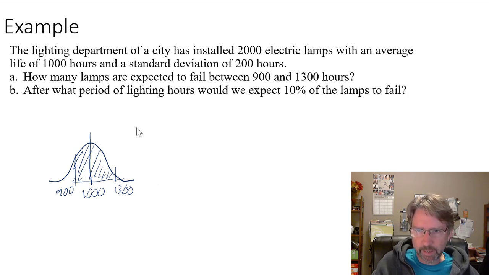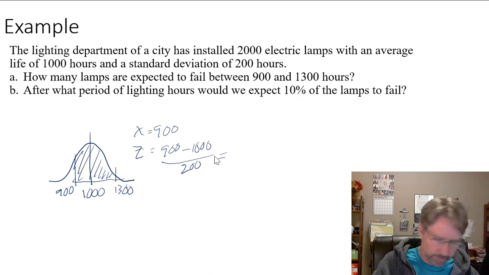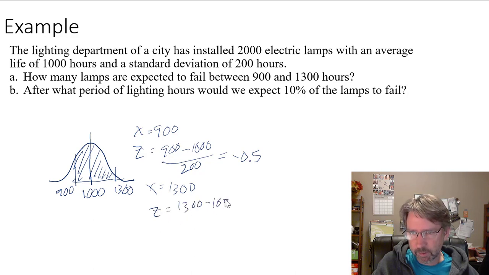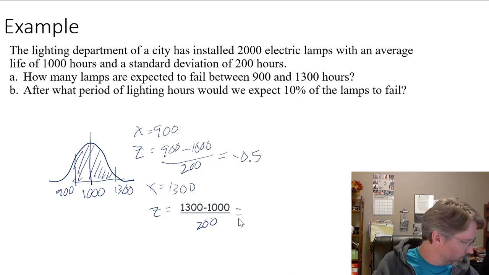So for x equal to 900, we have z is (900 minus 1,000) divided by 200, which is negative 0.5. And for x equal to 1,300, we get z is (1,300 minus 1,000) divided by 200, and that is 1.5.